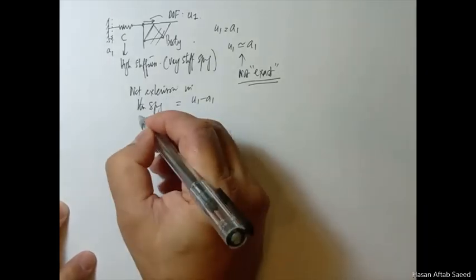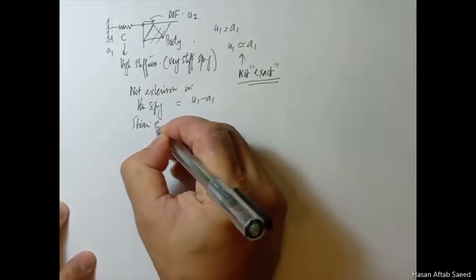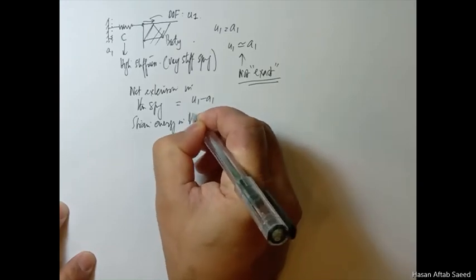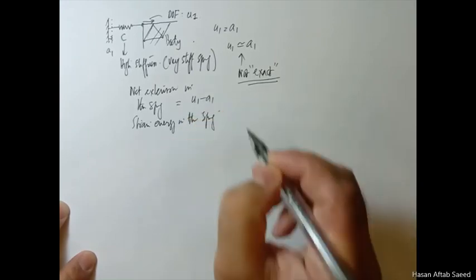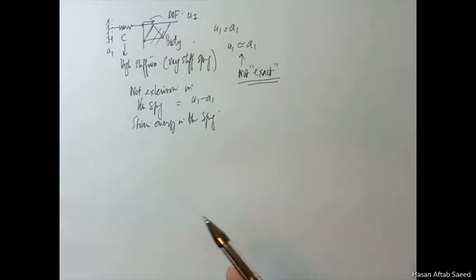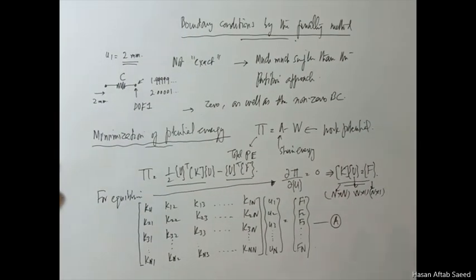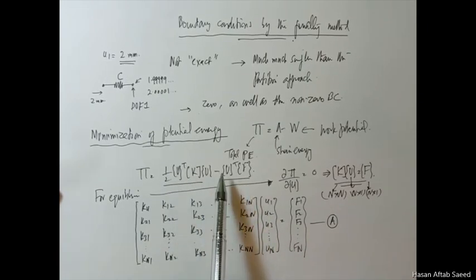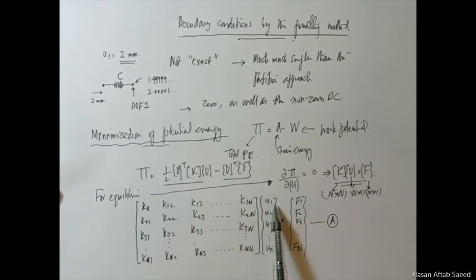Now the strain energy in the spring. What about the strain energy in the spring? Because now recall that when we were talking about the minimization of energy in the traditional system, there was just these two terms, because you were applying the boundary condition directly here.